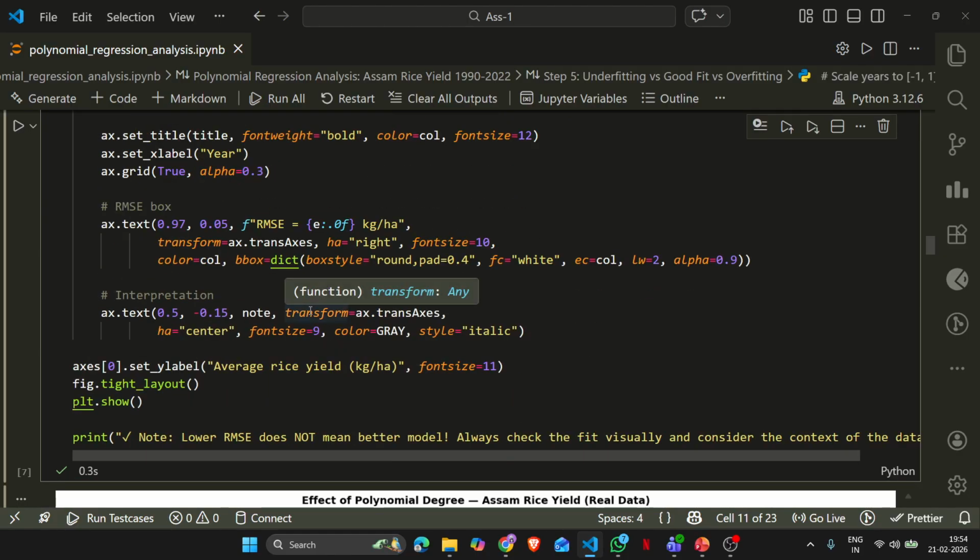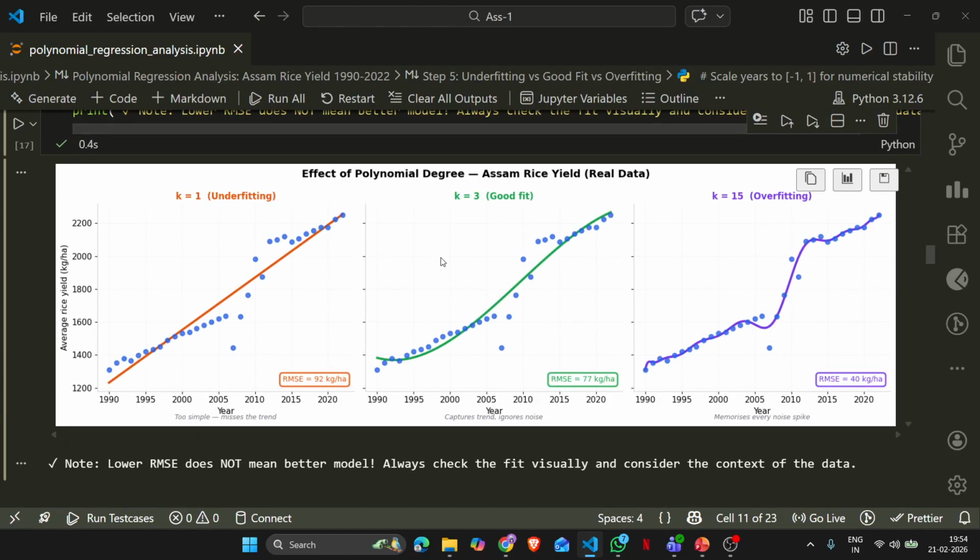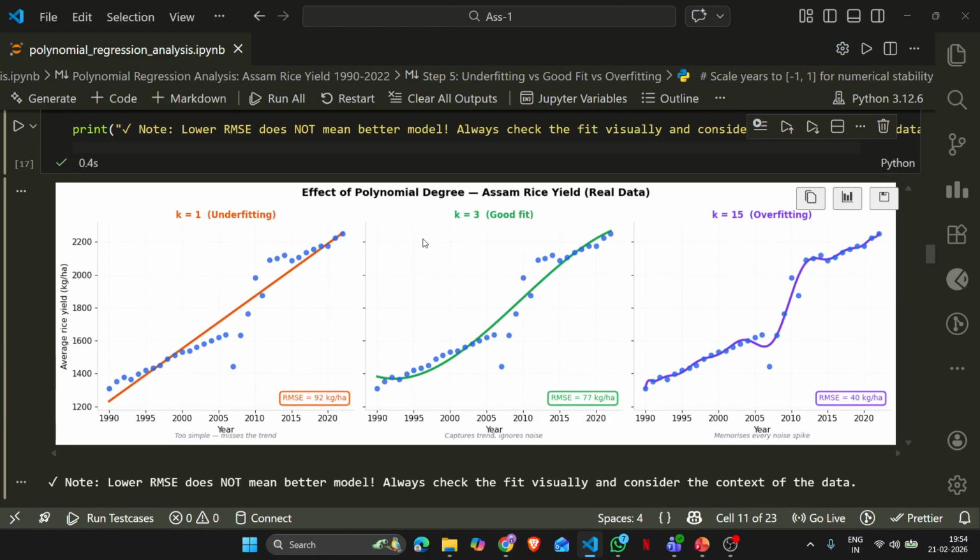This is the code for plotting this, and when I run this, we can see that when we are using a linear polynomial to fit the data, the linear polynomial is unable to find a relation between the points in the past and the future, because the linear model is very simple and it is unable to figure out the curvature of the trends.